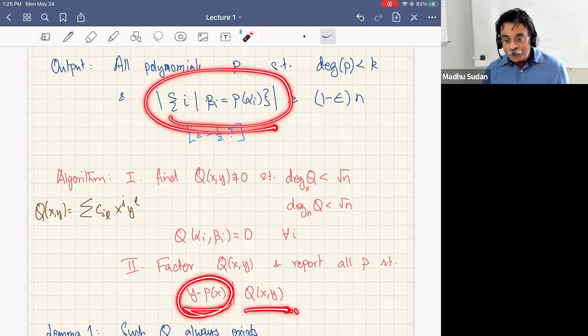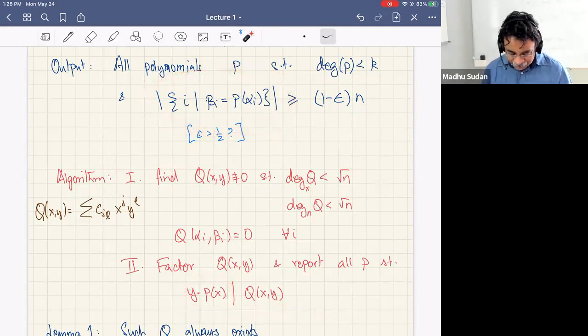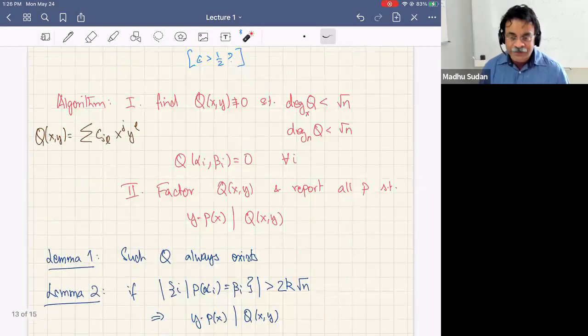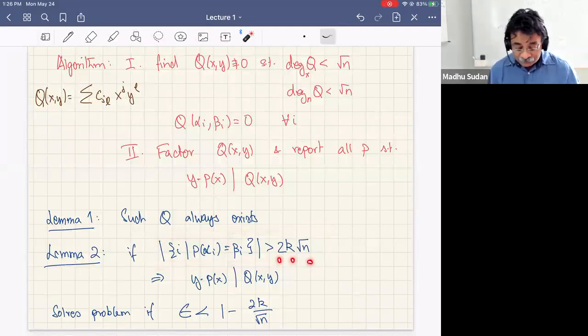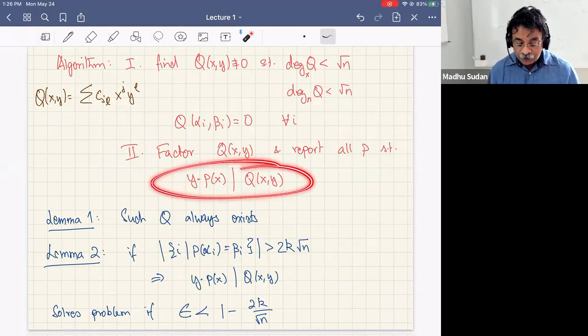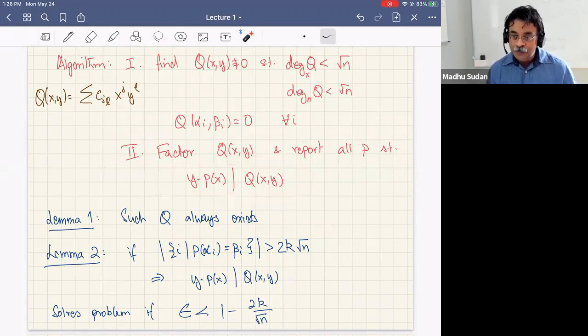I will not prove this. I'll prove a special case of this, and a variant, in the next lecture. But it turns out you can actually prove that if the number of agreements is at least 2 times k times square root of n, then this y minus p of x will divide q of x, y.